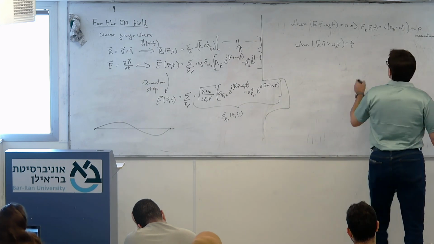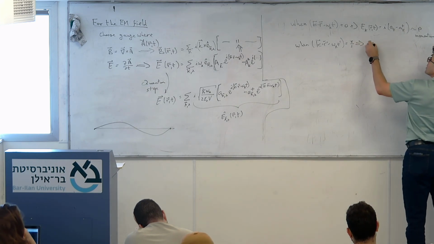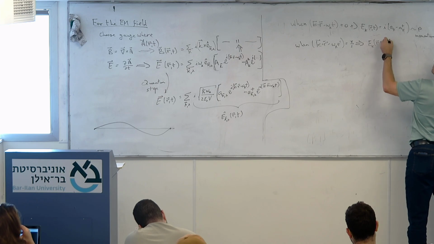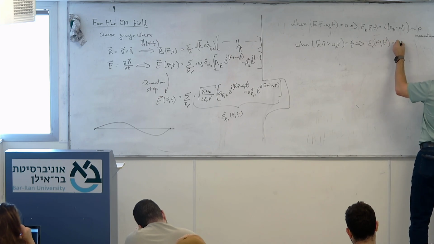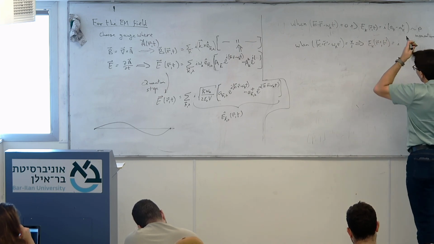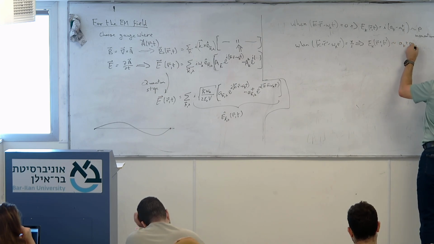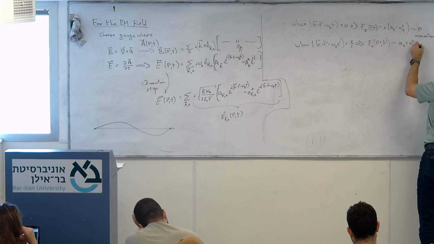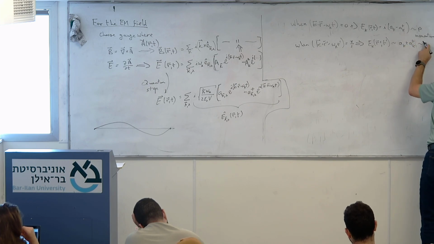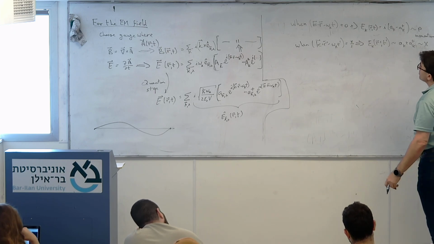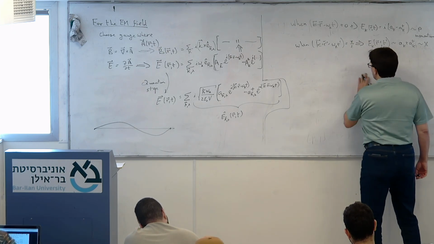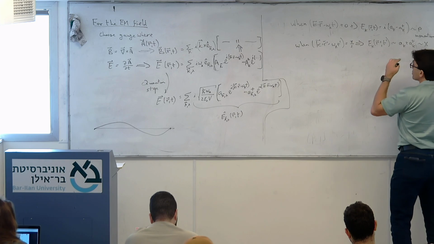So then E k of r prime t prime is no longer i. It goes like a k plus a k dagger, which is x or q.